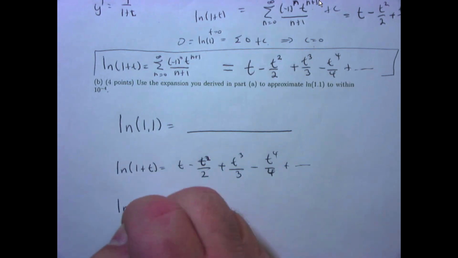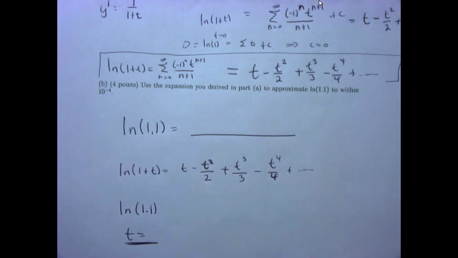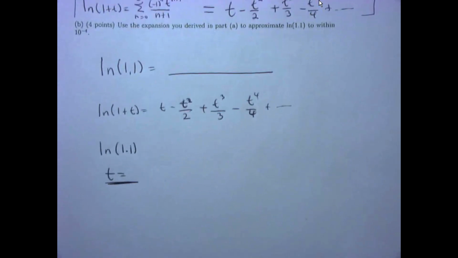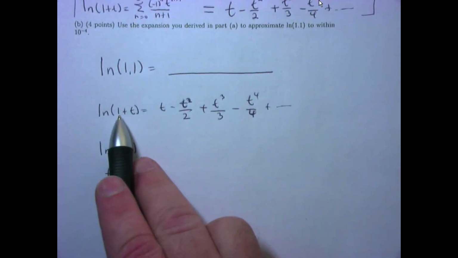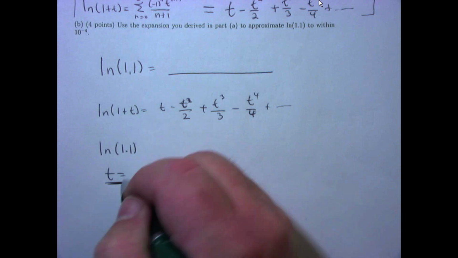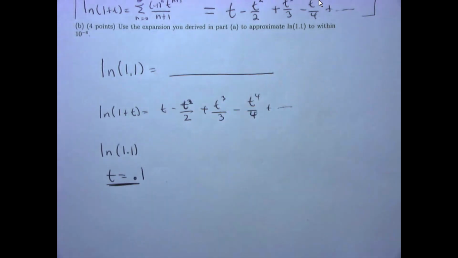I want to actually calculate the natural log of 1.1. What does t have to be? I want to find what the natural log of 1.1 is. The formula is the natural log of 1 plus t. What would t have to be? 0.1.